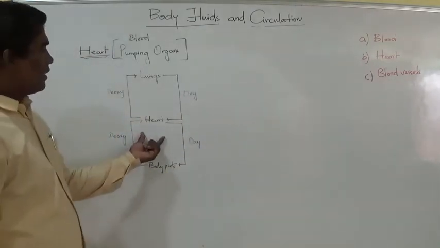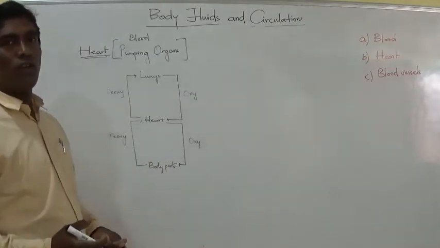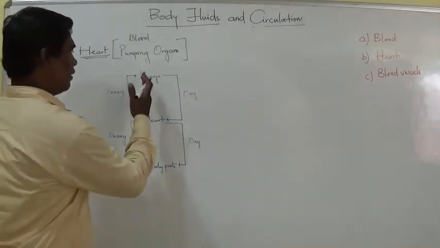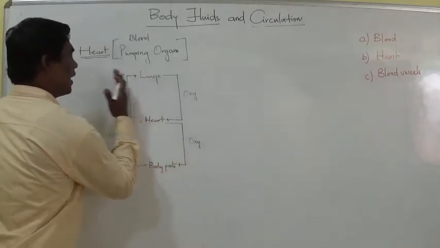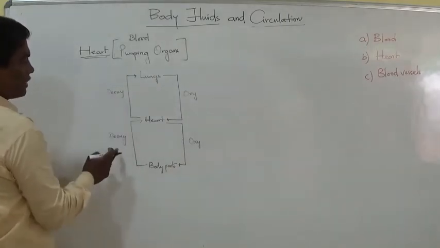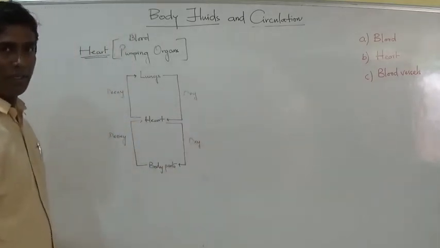Here we can see that there is a complete separation of impure blood as well as pure blood. If you go with the right side of the heart, it usually has deoxygenated blood, whereas the left side has completely oxygenated blood.